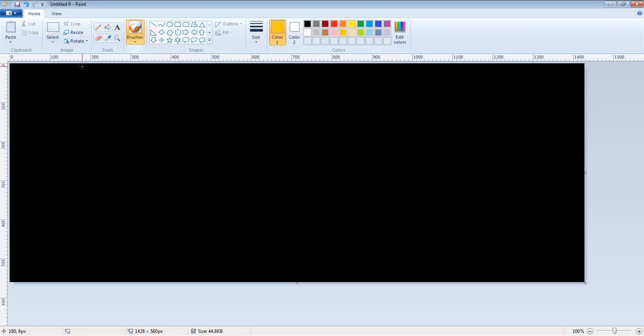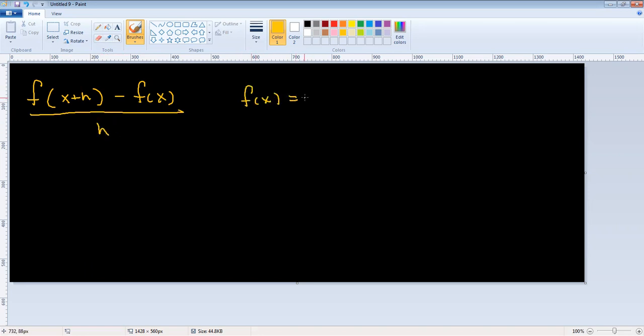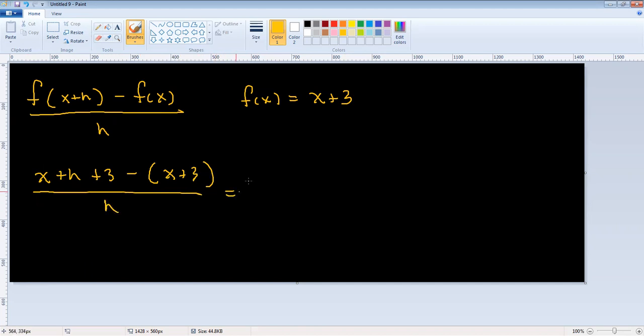So here we go. We have f of x plus h minus f of x all over h. And the function that we're going to evaluate is x plus 3. So what we're going to get here is x plus h plus 3 minus x plus 3 all over h.